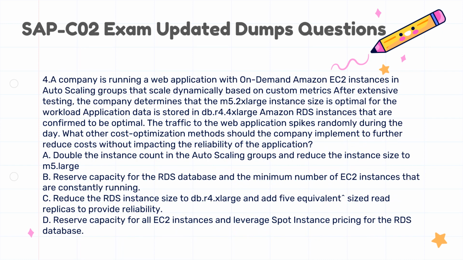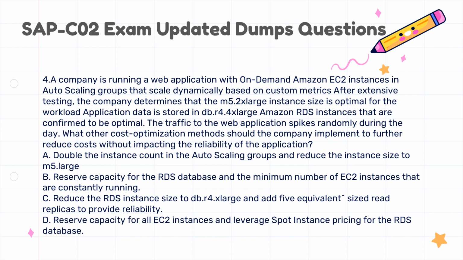4. A company is running a web application with On-Demand Amazon EC2 instances in Auto Scaling groups that scale dynamically based on custom metrics after extensive testing. The company determines that the M5 2xlarge instance size is optimal for the workload.